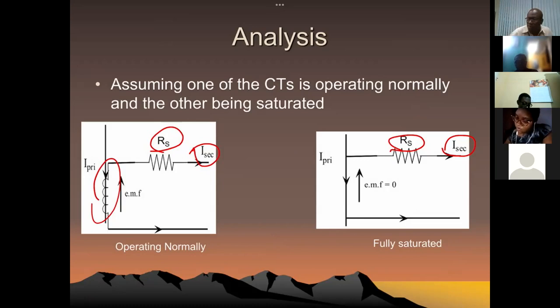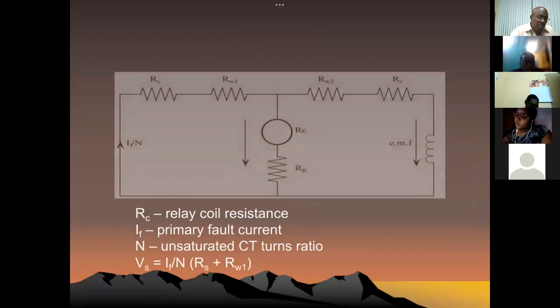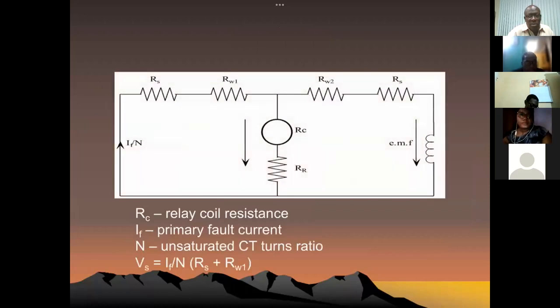All right. Okay, so here we are. What I've done is just to remove the CTs, and I'm looking at just that portion where the relay coil and the secondary resistances are.